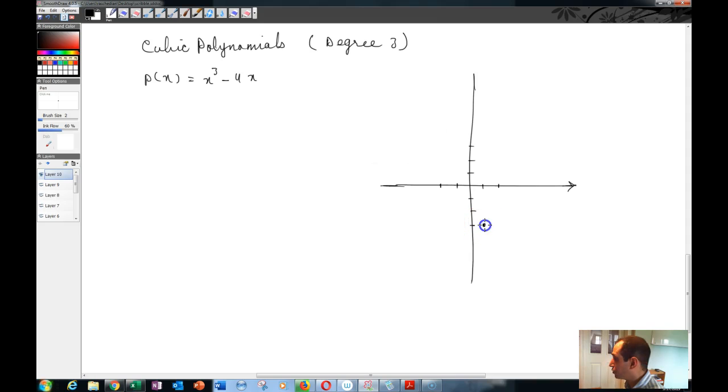So there would be one point for each of these, and negative 1 and 3 would be one point, and then this would be one point. So your graph is going to look something like this.